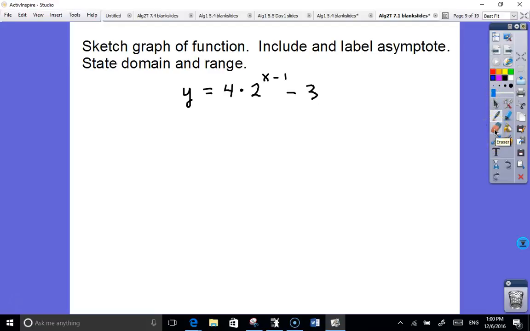What should be the effect of multiplying by 4? It's a stretch. If that number is bigger than 1, then it's a stretch. It makes the graph go up faster. What's the effect of subtracting 1 inside the function?